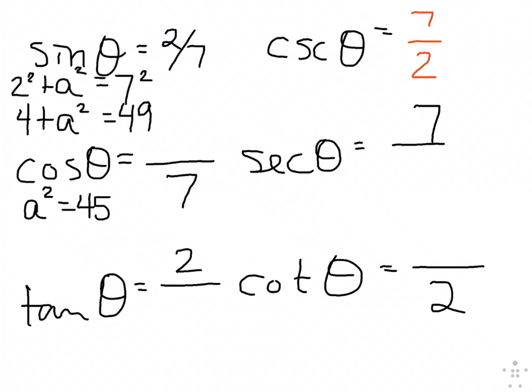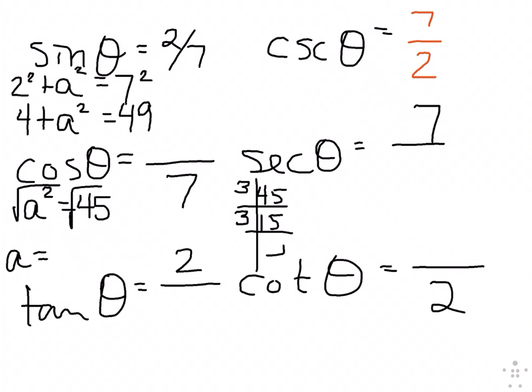Then how do I get rid of the square? Root. When you square root that, remember you have to break that down. So 45 broken down: 3 goes in there 15 times, 3 goes in there 5 times, and 5 goes in there once. I got a pair of 3's and a root 5 left over.